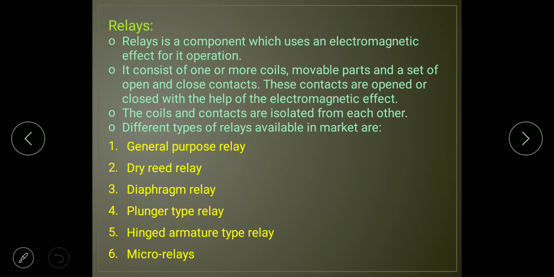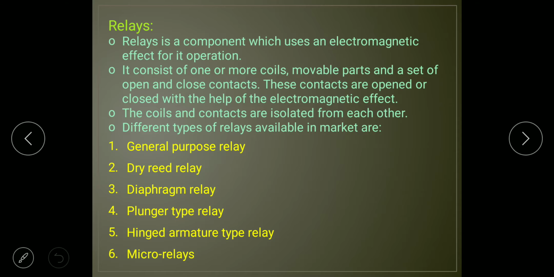So a relay is a component which uses an electromagnetic effect for its operation, and it consists of one or more coils, movable parts, and a set of open and close contacts. These contacts are opened or closed with the help of the electromagnetic effect. The coils and the contacts are isolated from each other.